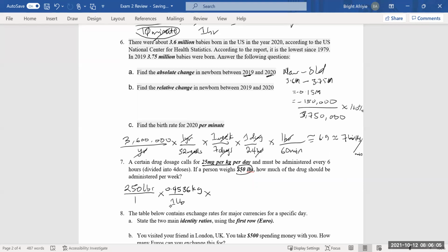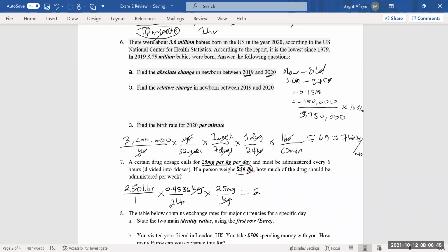Now, when you do that, you multiply by 25 milligrams per kg, right? And that will tell you how much of the medication you should give to the person. Is that okay? So you multiply the weight of the person by the volume that you're supposed to give. Now, that does not end there, right? So this is going to give us how much volume of the medication we're supposed to give.